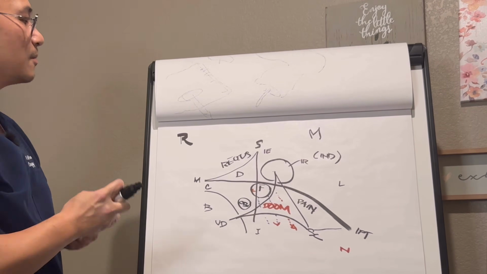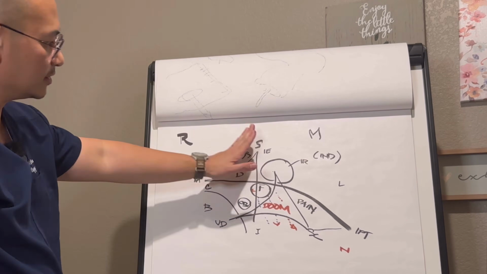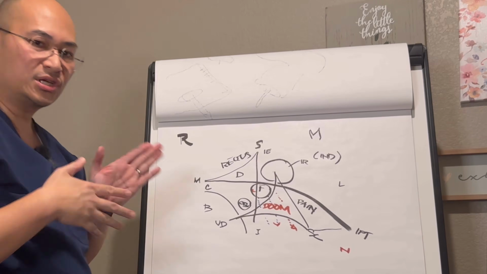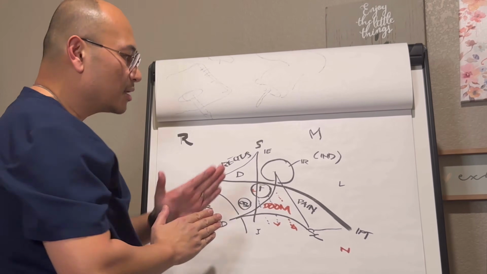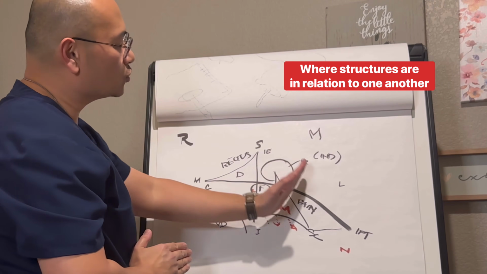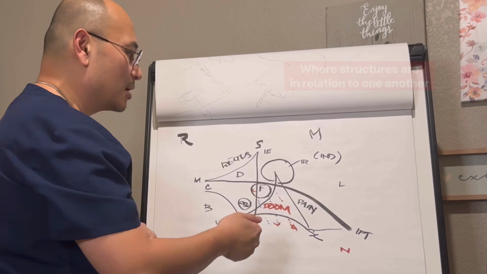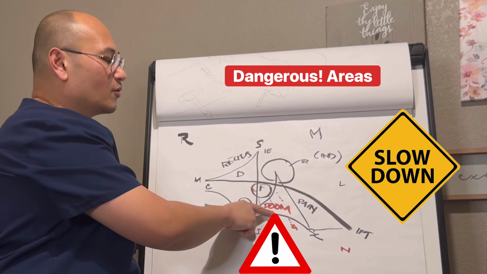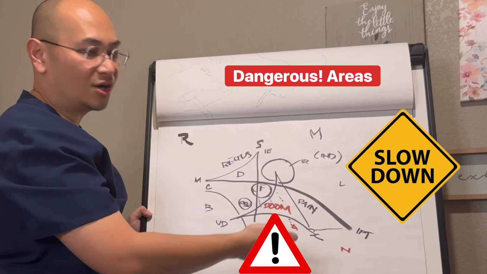And so when you look at a diagram like this and proceed to perform the surgery, you can understand the extent of your dissection, where structures are in relation to each other when you're dissecting them, where I should take care, what I should avoid, and when I should be careful.